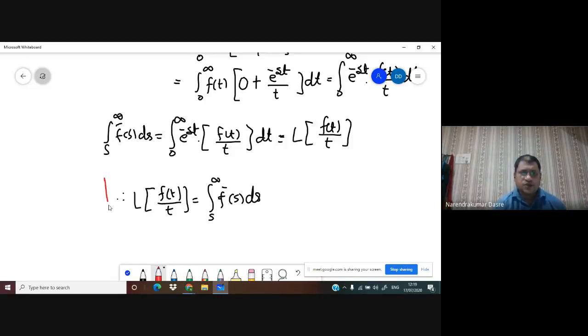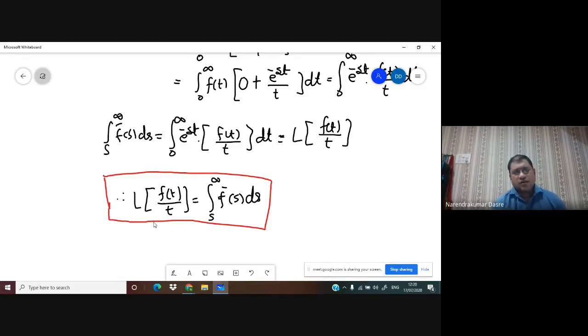This way we are able to get the Laplace transform of f of t upon t, which is nothing but the integral from s to infinity of f bar of s ds.